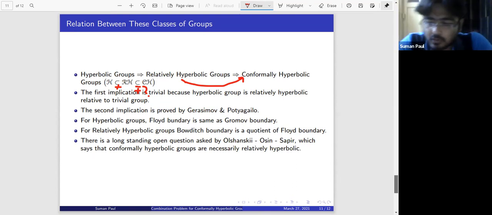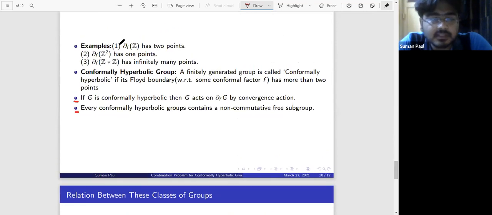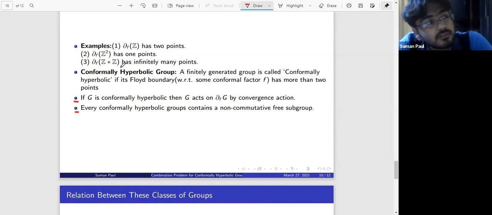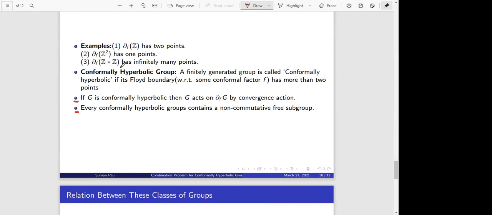Yes, for these examples they are equal because they are typical. But ends of groups are defined for infinitely generated groups also, right? That I have to check.